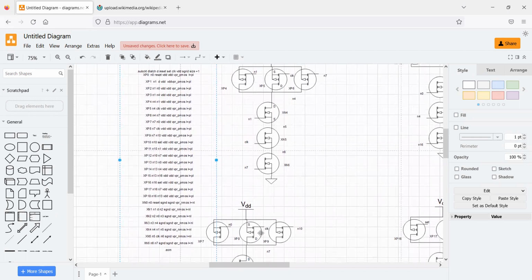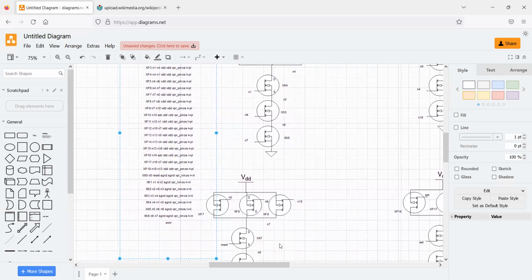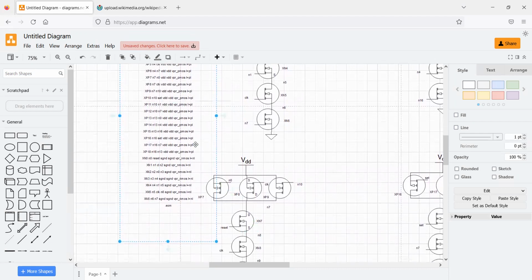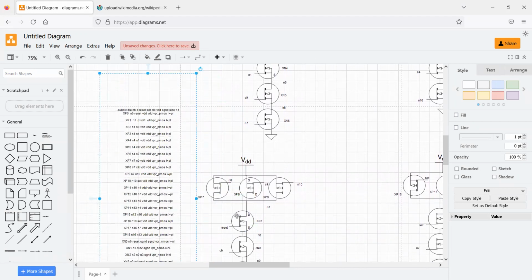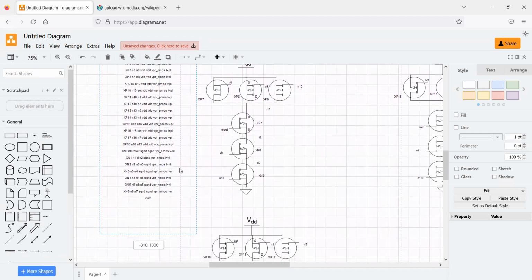And then as ground, of course, VPR, NMOS, L equals N times L. Then I leave you to this example.